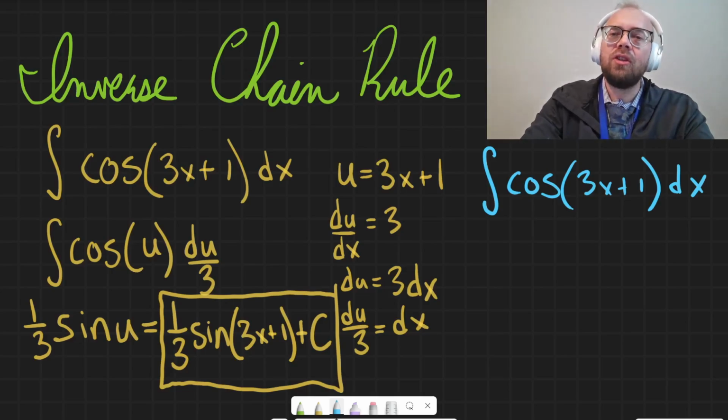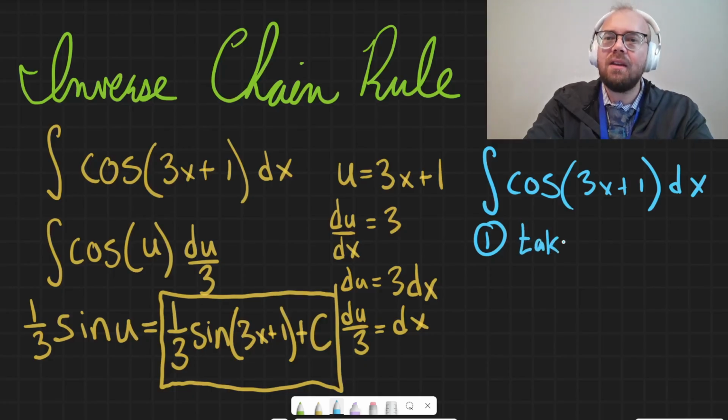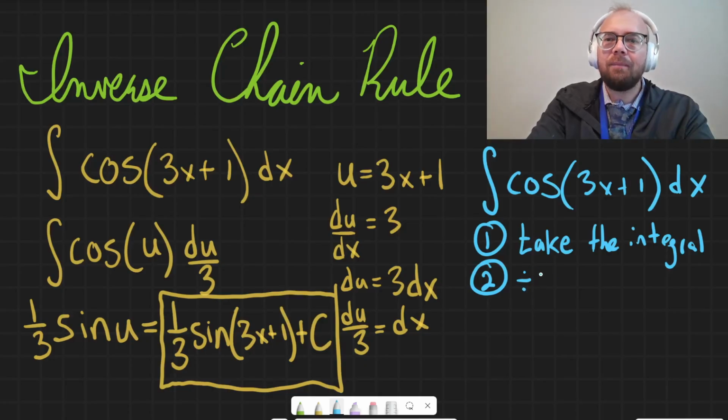This new chain rule says that I take the integral like I would normally, and instead I divide by the derivative of the inside. But I'm going to change what this says here. Instead of dividing by the derivative of the inside, I'm going to say divide by m.